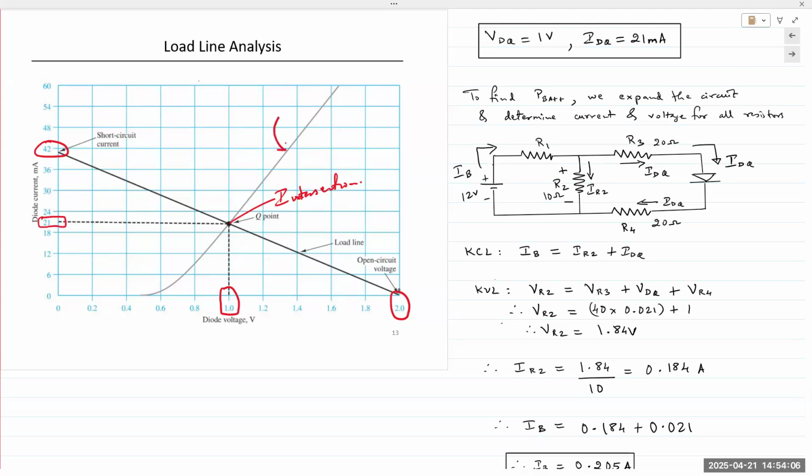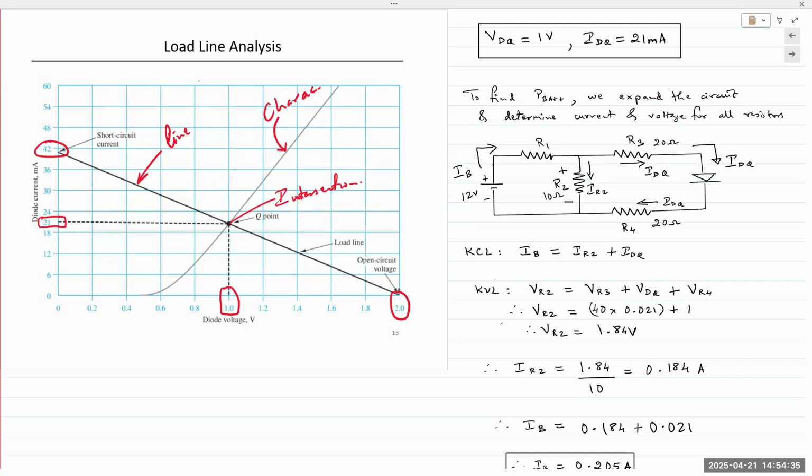One equation was from the diode characteristics that is already provided. The second one is what we generated. This is known as the load line. That line describes the circuit, hence it is known as the load line. So this load line is the constraint placed on the diode by the external circuit.